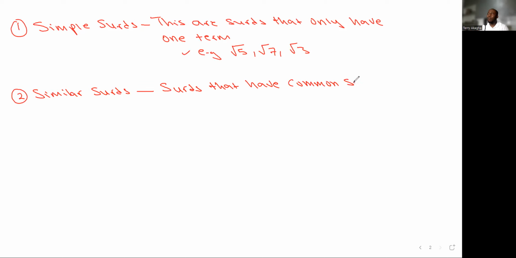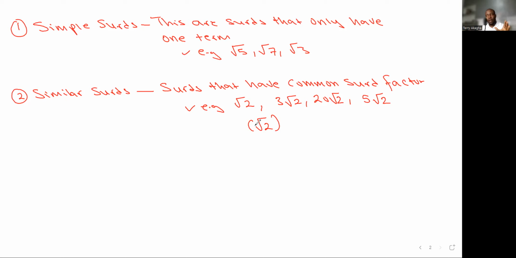For example, you can have square root of 2, 3 square root of 2, 20 square root of 2, 5 square root of 2, etc. You can see that because they all contain square root of 2, which we all understand is an irrational number, they are called similar surds.